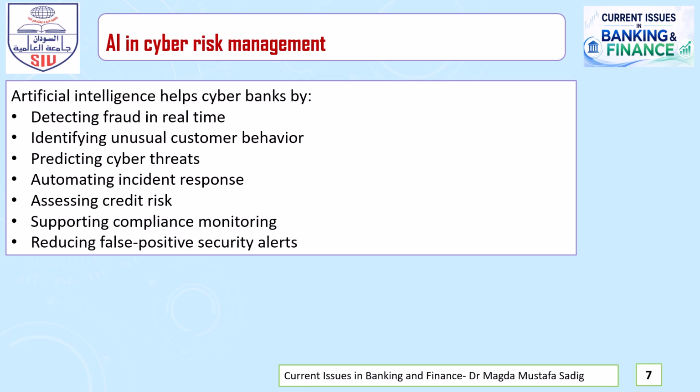Also, it reduces false positives. Traditional systems often generate unnecessary alerts, so artificial intelligence significantly reduces false alarms, allowing security analysts to focus on genuine threats.